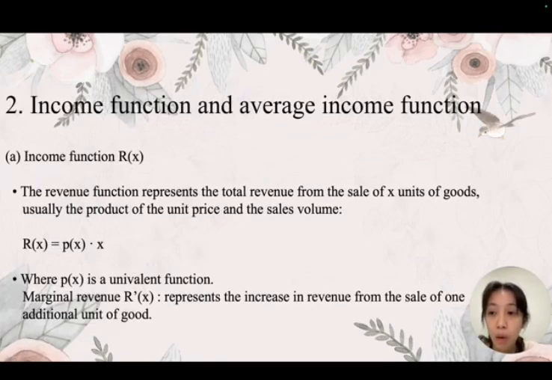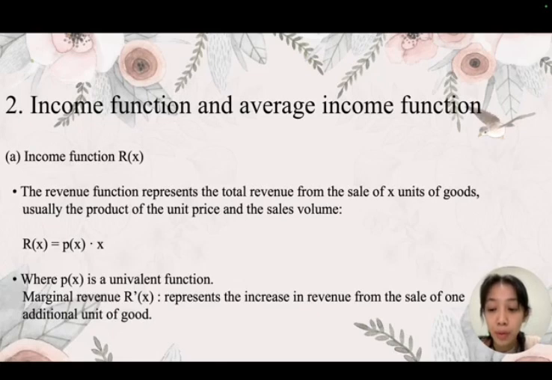Second is about the revenue function and average revenue function. The revenue function represents the total revenue from the sale of x units of good, usually the product of the unit price and the sales volume. Here p(x) is a univalent function.